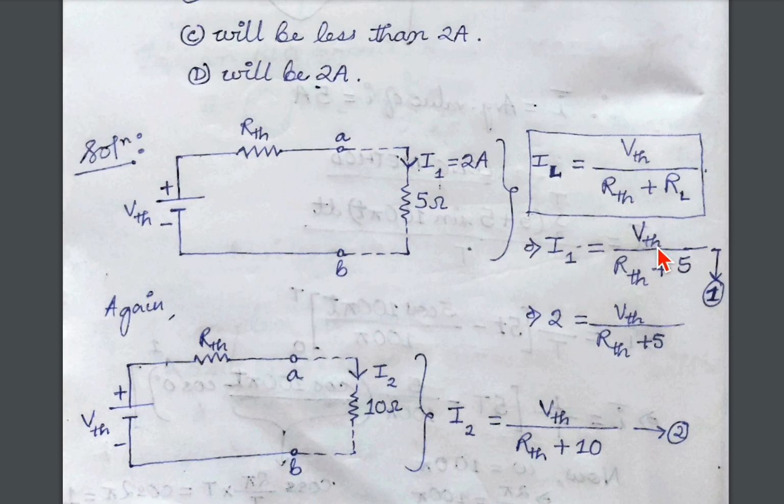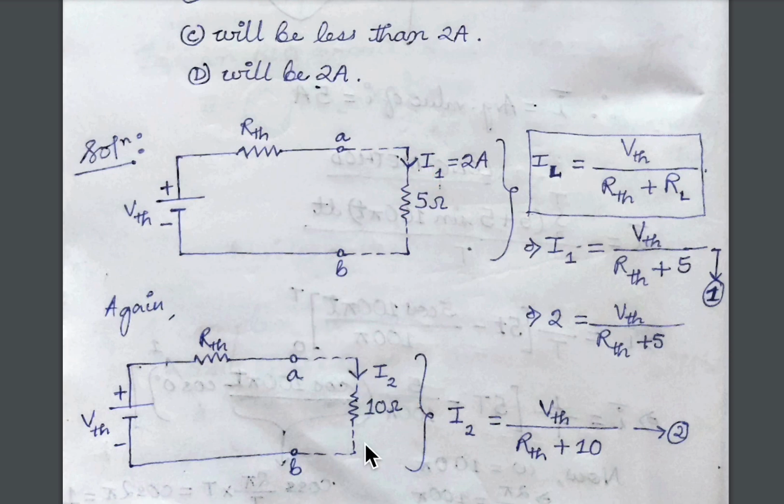After that, as given in the question, we will now replace the load resistance of 5 ohm with 10 ohm and name the load current flowing through the 10 ohm resistor as I2. In the given question, the 5 ohm load resistor was replaced with a 10 ohm load resistor.